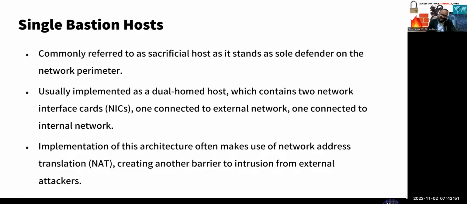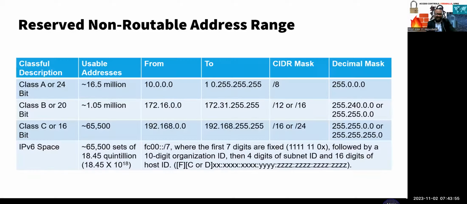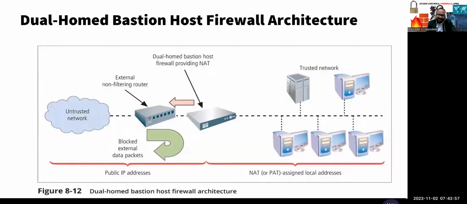These other things about a single bastion firewall, or single bastion host, it's just a question of where I put it. So this is a dual-homed bastion. Look at this diagram in here. The firewall is also working as network address translation. It provides a NAT, right?